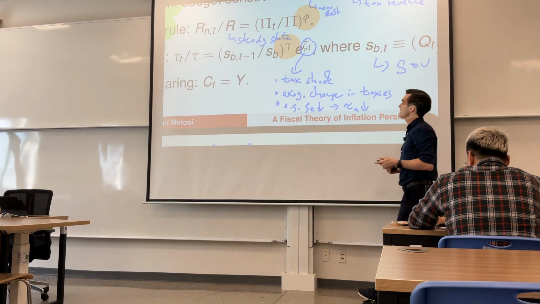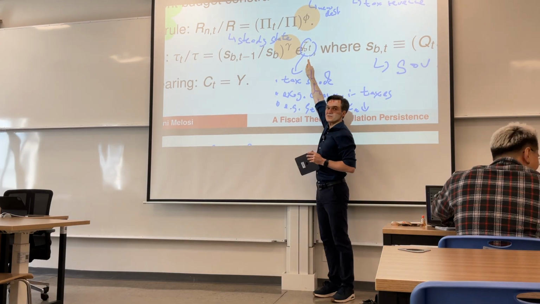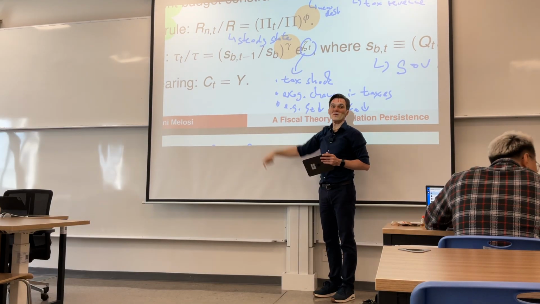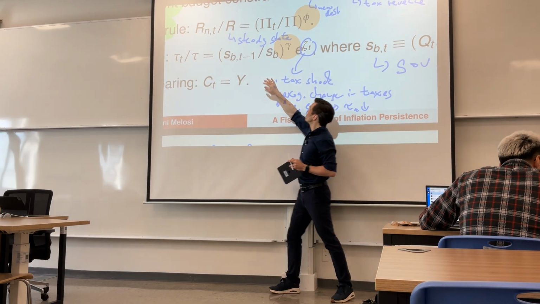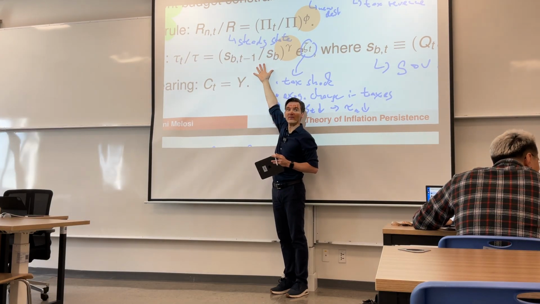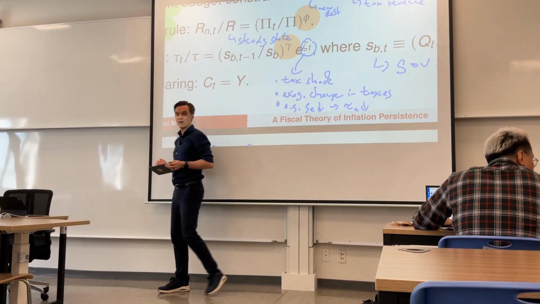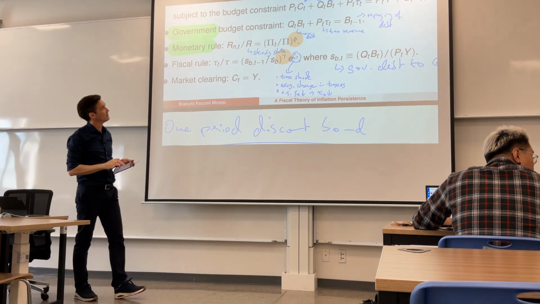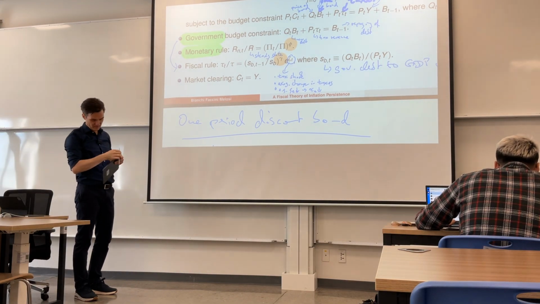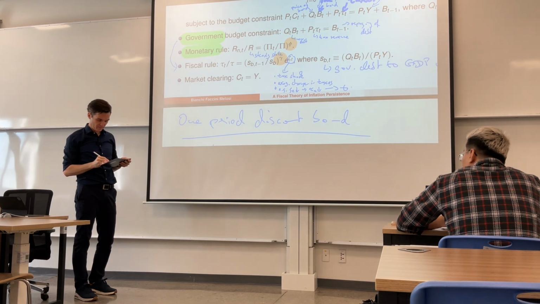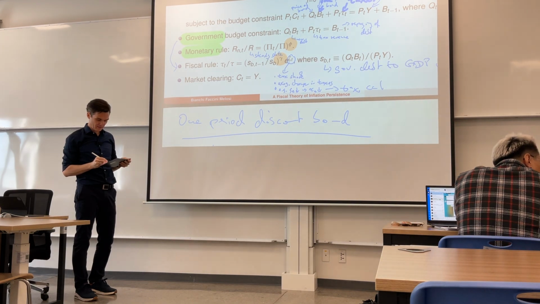A sudden, unexpected move in zeta t. Right? A tax cut. So the government deviates from this rule. Whatever the stock of debt is today, the government cuts the taxes that the households have to pay. That's the model here. So that is a tax cut.